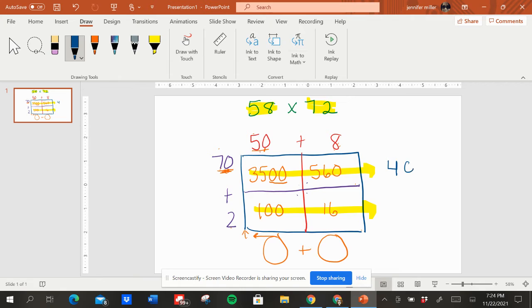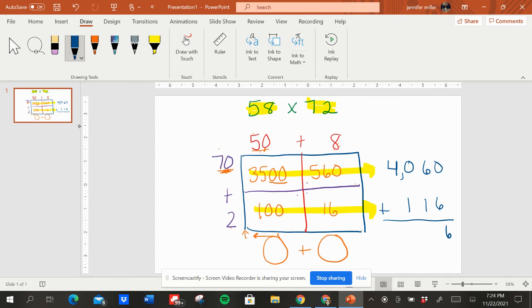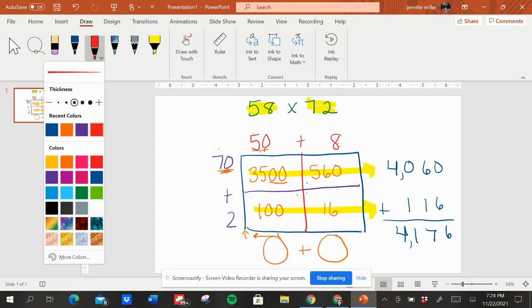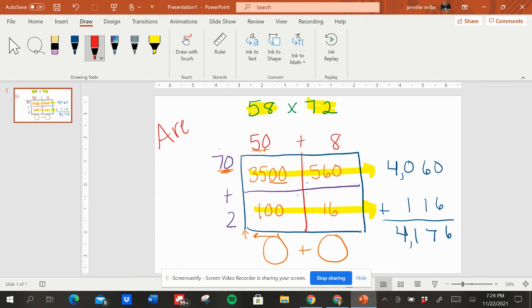So I've got 4,060. And then over here, 100 plus 16. Well, that's easy. I have 116. And what I do now is I add those together, and I'm going to get 4,176.